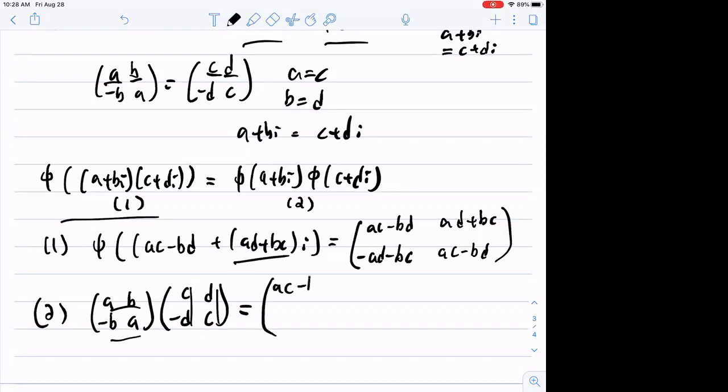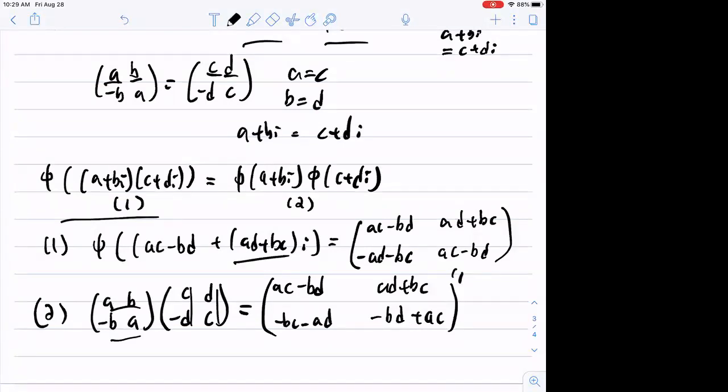So you get ac minus bd, then the next term is ad plus bc, then negative bc minus ad, and the last term is ac minus bd. These two are equal, so we are done. Everyone clear? Hopefully not too confusing. It's just understanding the group property.